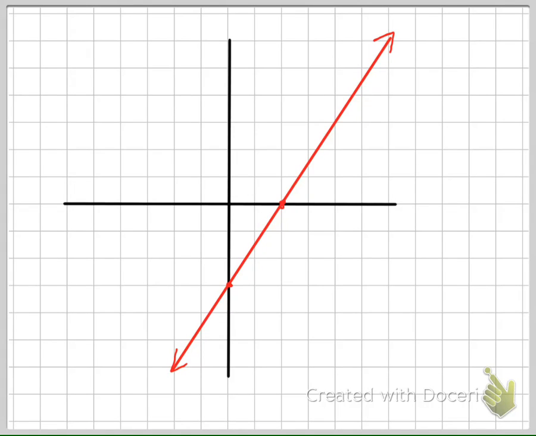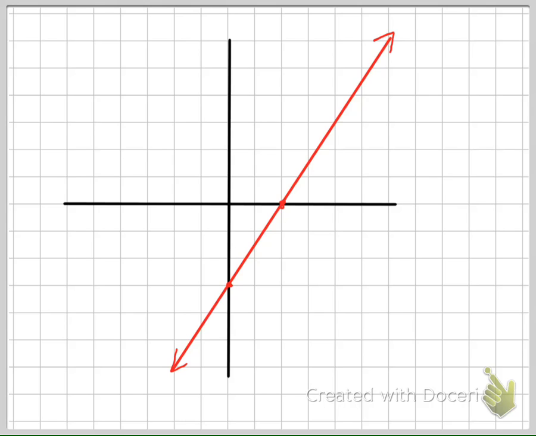Alright, so another example would be looking at a graph and trying to find our slope and y-intercept in order to write the equation from this. Now, given what we studied earlier in this chapter, can we find the y-intercept and the slope of this line by looking at this graph? Well, the y-intercept's fairly obvious.